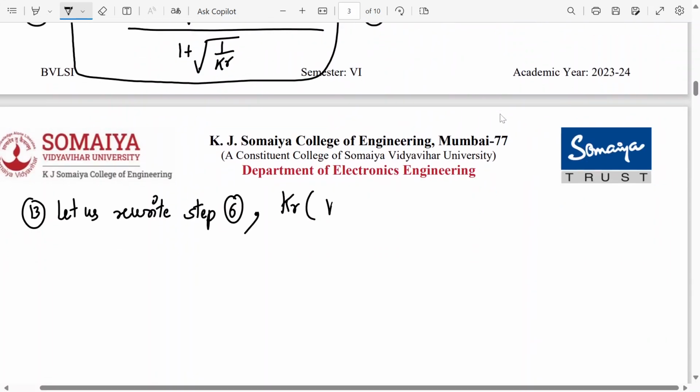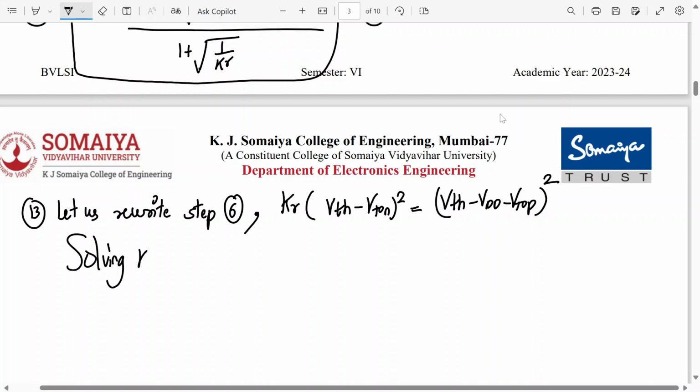Kr into Vth minus Vton square was equal to Vth minus Vdd minus Vtop square. So what we are doing now is solving for Kr. So now Kr will be equal to Vdd.